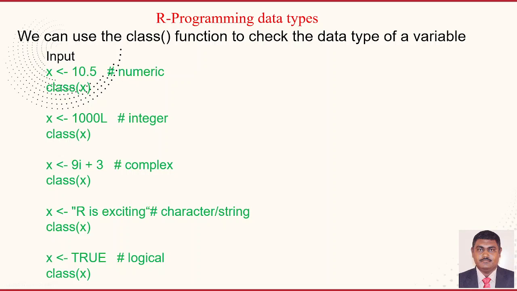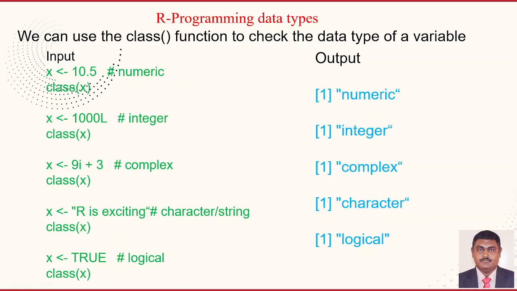Now the output for these input functions is like this. The first is numeric, the second is integer, the third is complex, the fourth is character, and the fifth is logical. Likewise, you can know what type a value is by using the class function.